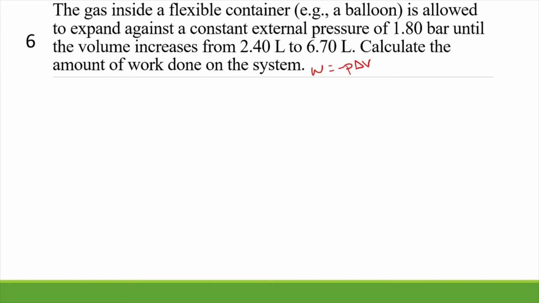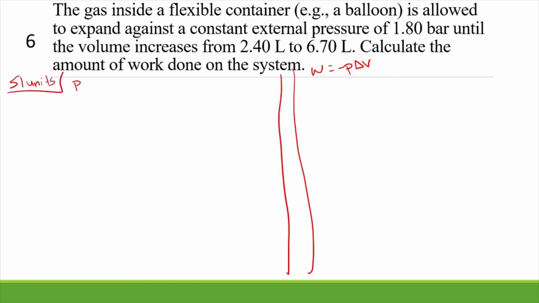And there are 2 ways you can do this. Both will get you the same answer. The first is to use SI units. So in SI units, pressure is in pascals and volume is in cubic meters.